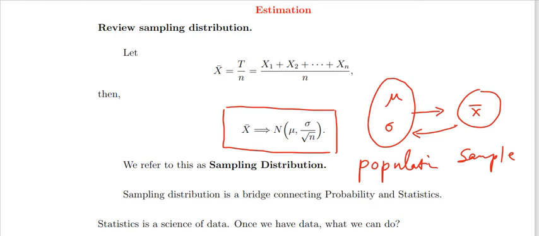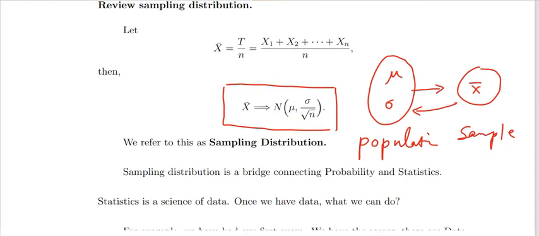So today's topic is estimation. Estimation means using the sample's information to estimate the population's information. Typically we want to estimate mu, or sigma. First, we just want to estimate mu.